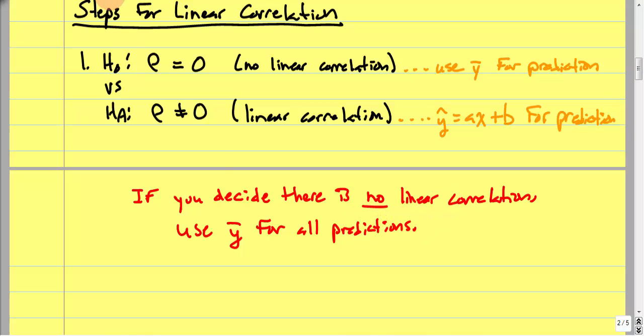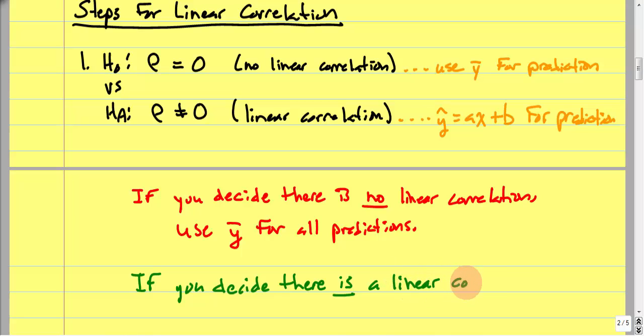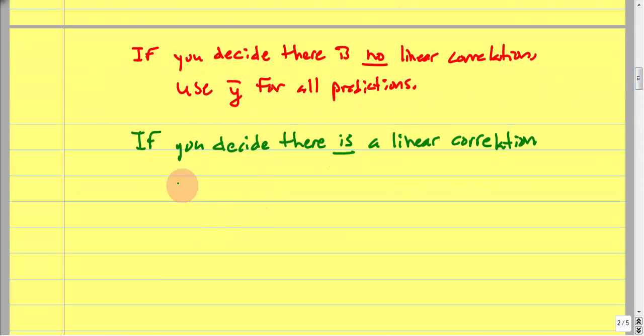Okay, and we'll see some examples like this. If you decide there is a linear correlation, we're going to use that line of best fit.